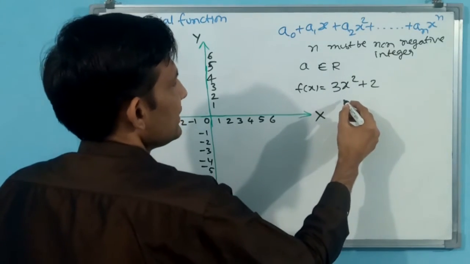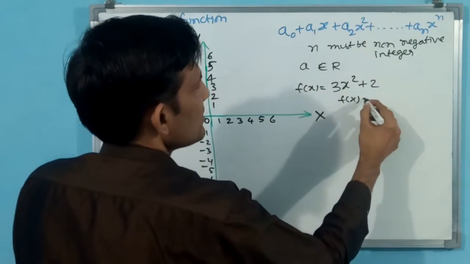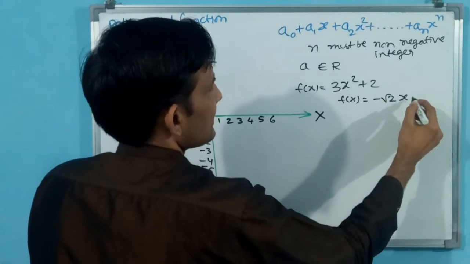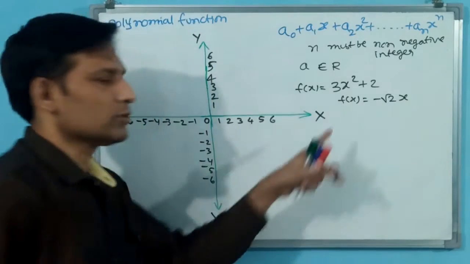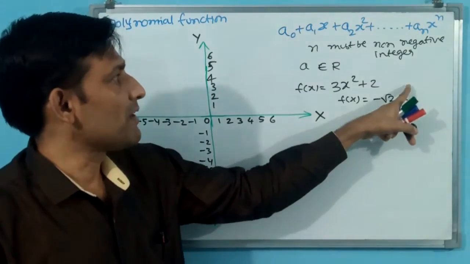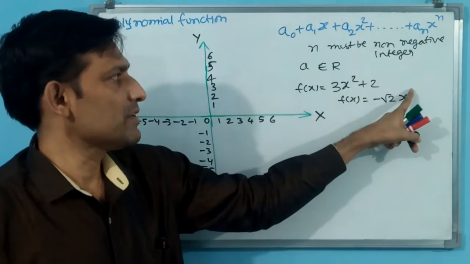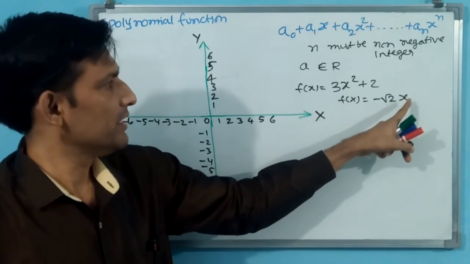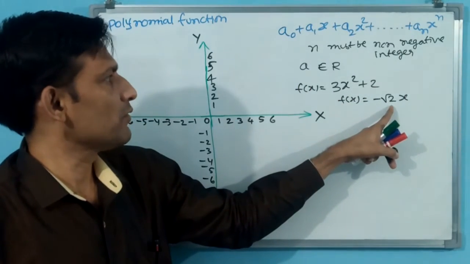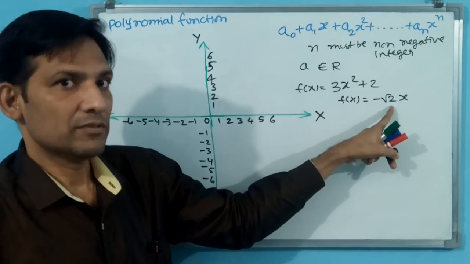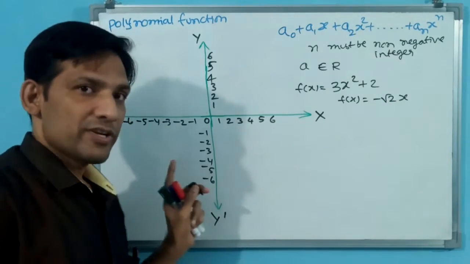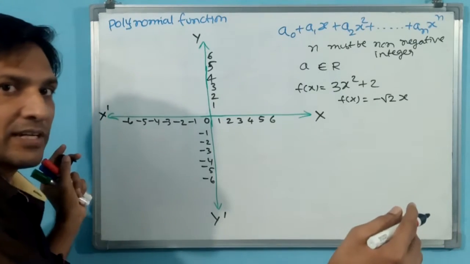And you can also write f(x) = -√2 x. This is also a polynomial function. Why? Because x to the power 1 is there, where nothing written means 1. Even a belongs to real numbers only. It may be a rational number or negative rational number, but it is a real number only.